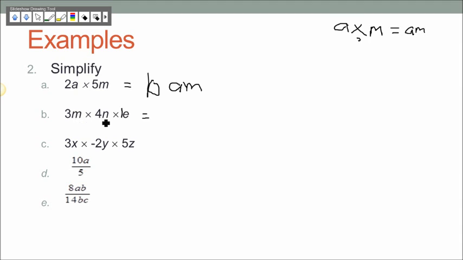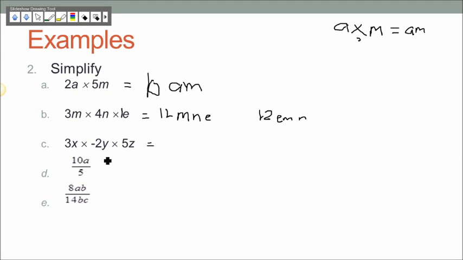So 3 times 4 times 1 is 12. Then with the letters, it really doesn't matter what order that you put them in. I just like to put them as it's written here. So m, n, e. But if you wrote 12, e, m, n, that would work just as fine. It's still correct. It really doesn't matter what order you put the letters in.